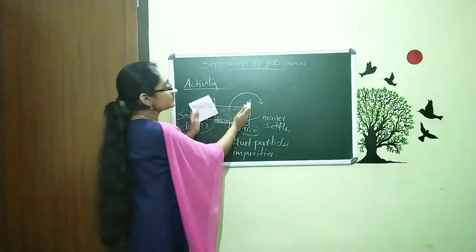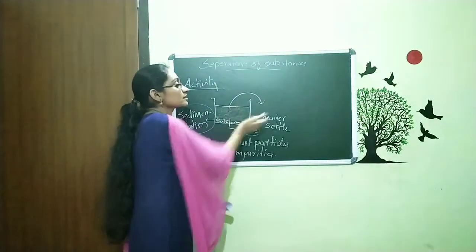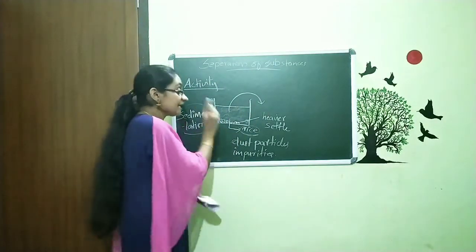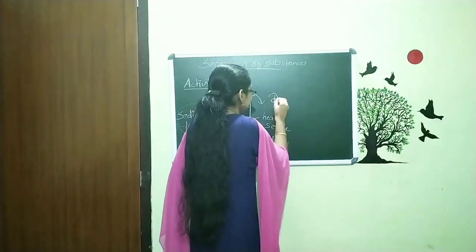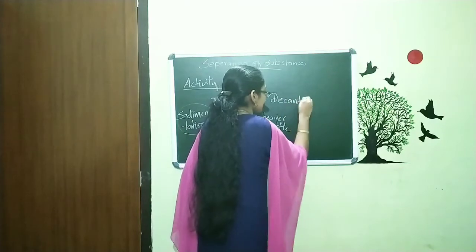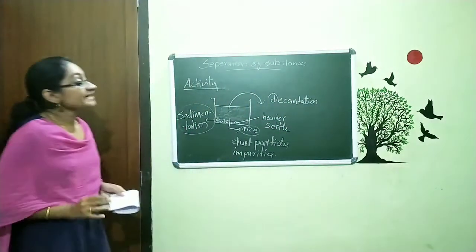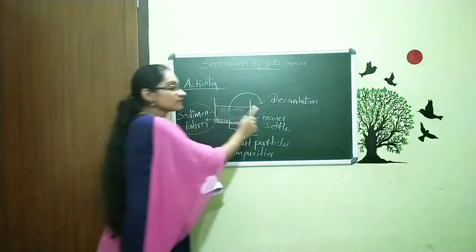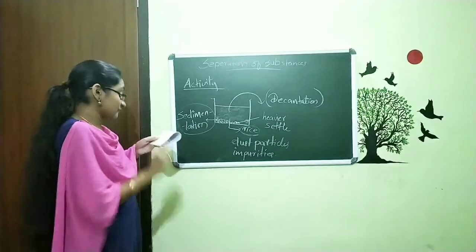When I tilt this beaker, what happens? The water will come out. So the name for that is decantation. So, this is also a process called decantation, and now I am going to define it.